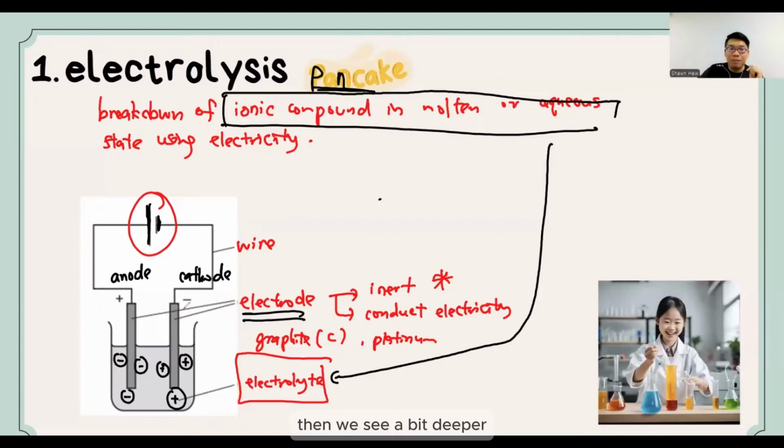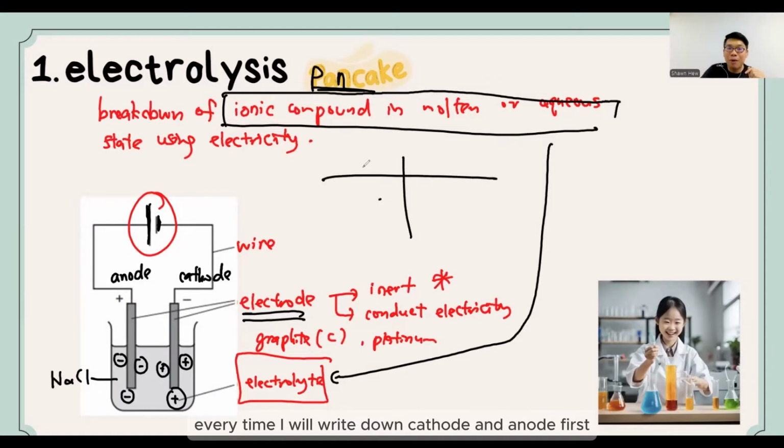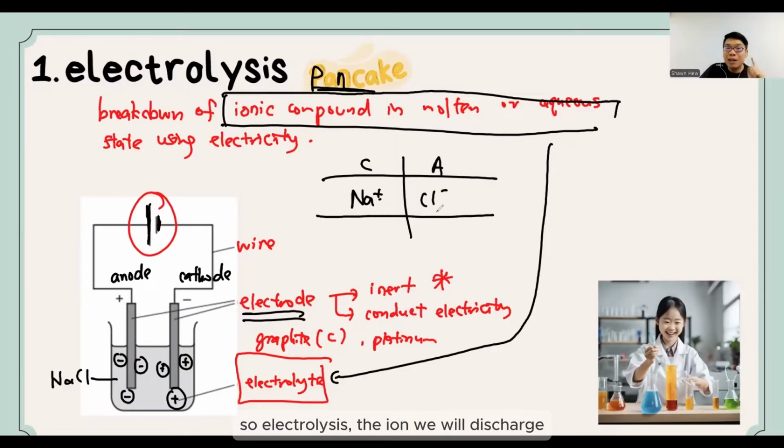Then we look a bit deeper. Let's say I'm using sodium chloride. Every time I will write down cathode and anode first, and then the positive ion will be attracted to the cathode. The sodium ion is the cation, the positive ion, so it will be attracted here, and then the chloride ion will be attracted to the anode. In electrolysis, the ions will be discharged, which means we remove the charge.